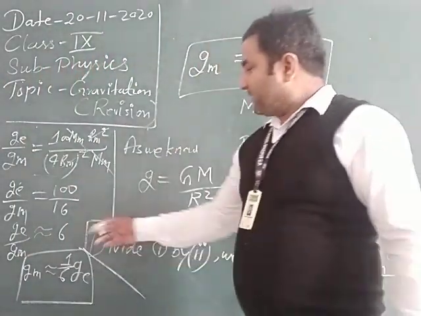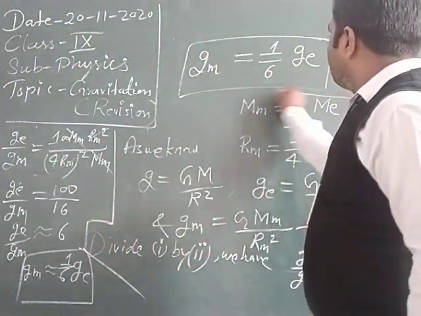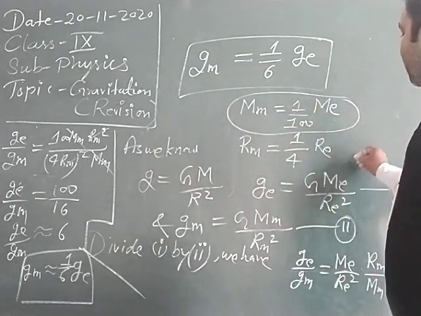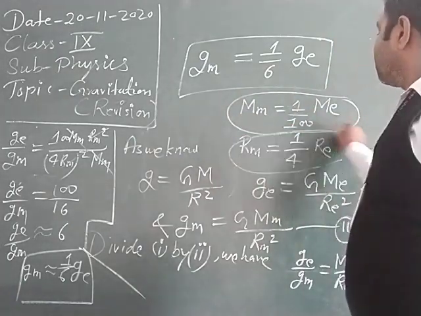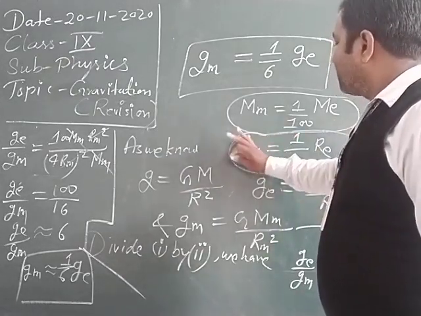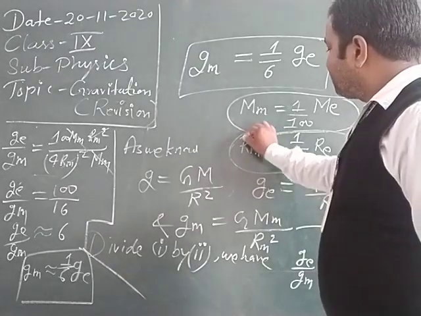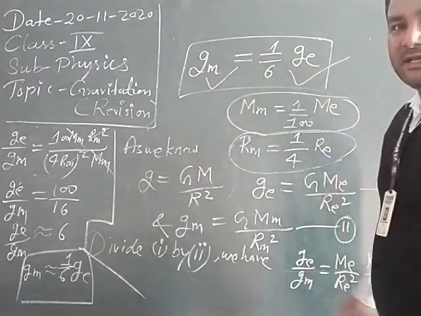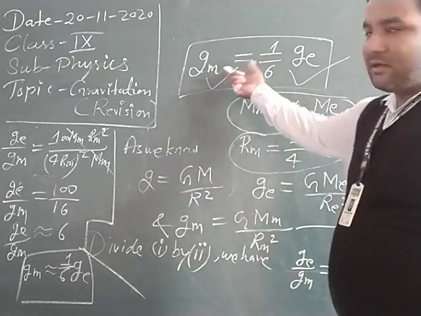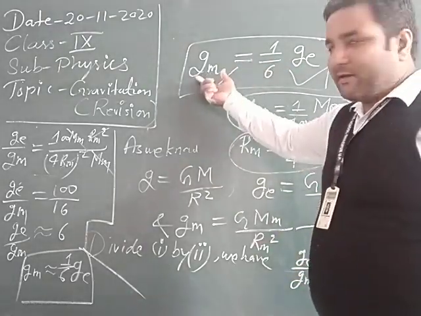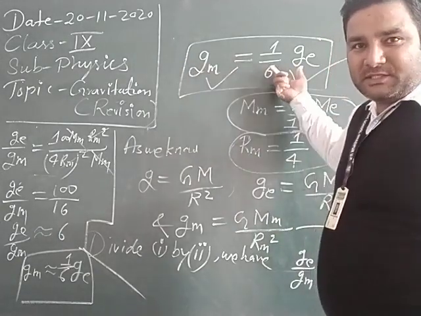So in this way you can derive the two things: how the mass of moon relates to the mass of earth, and how the radius of moon relates to the radius of earth. Once clear, you can derive the required relationship between gravity on the moon's surface and gravity on the earth's surface. When we multiply the mass on both sides, you get the weight of an object on the moon's surface and the weight of an object on the earth's surface.